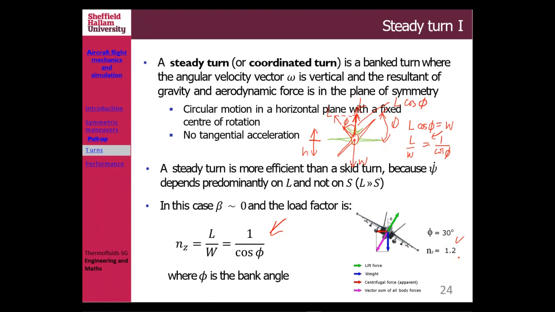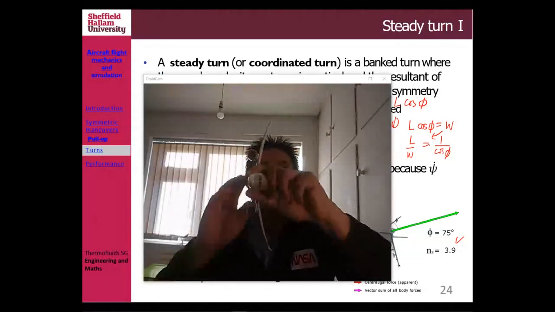Probably you then ask, what happens if you get a 90 degree turn? Well, it is possible, and you have probably seen it in aerobatic airplanes or fighter airplanes. But of course, now you don't have any lift to compensate the weight, because the weight is always pointing downward like this. I'd better put my camera so you can see what I'm talking about.